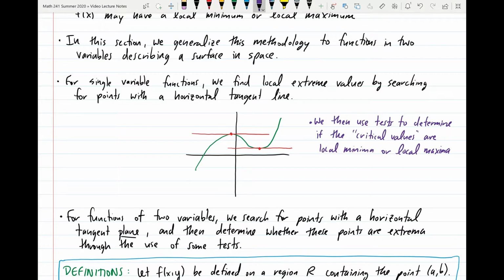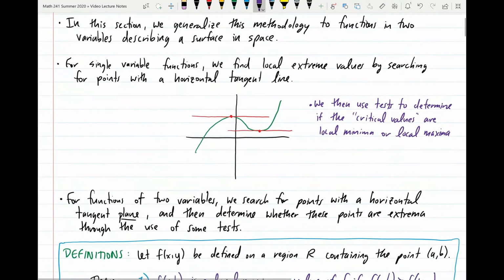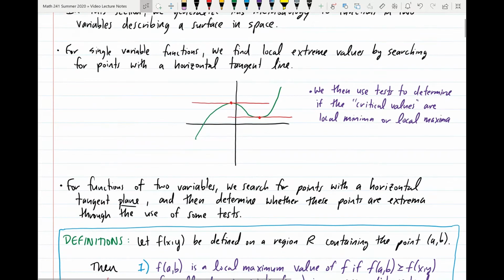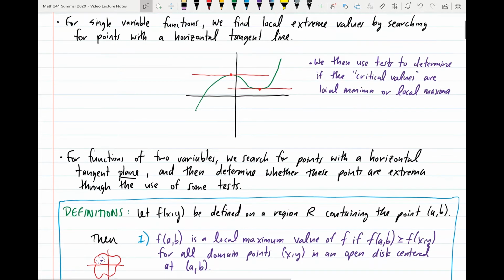And the point on the right is a local minimum, and again you can see that the tangent line is going to be horizontal. So the derivative at both of those points is going to equal 0, and we can use certain tests, remember the first derivative test and the second derivative test, to determine if the critical values are local minima or local maxima, or in some cases, neither. So they're not local extrema at all.